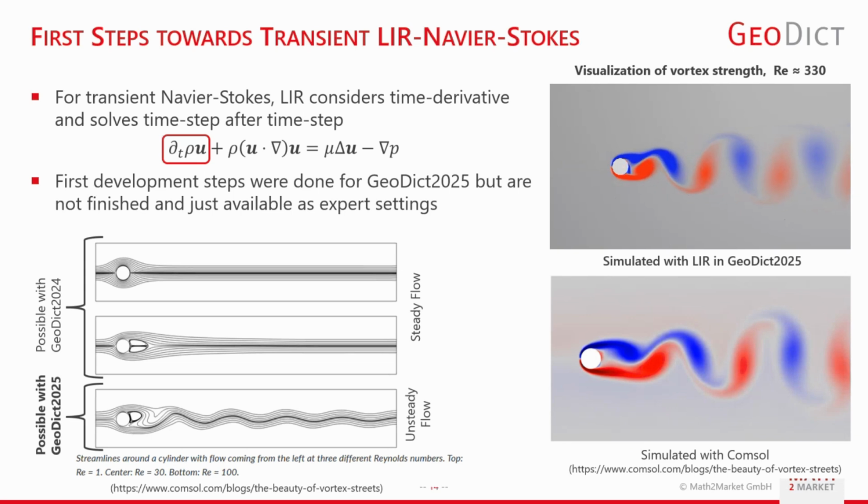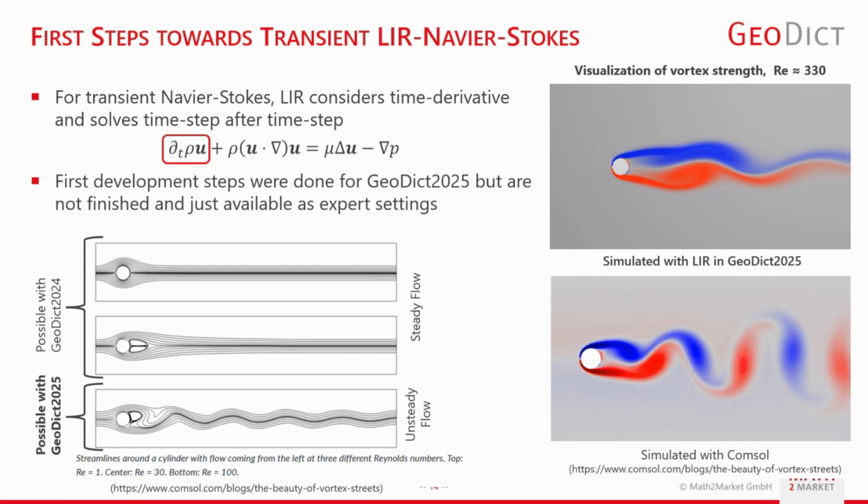In this case, we have a spherical obstacle, and if the Reynolds number is high enough, but not extremely high, you get two vortices behind the obstacle, as you can see in the left image in the center.